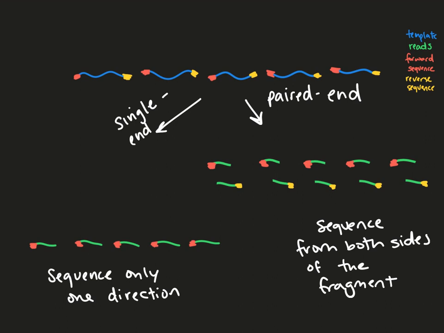You can also do paired end sequencing, which basically means that for each region of the genome, you're going to get two sequences, one from the forward and one from the reverse. Obviously, this is going to be a little bit more work. You're going to have to do a little bit more sequencing to get coverage of the same area, but I'll show you in a second why this might be a good idea in some circumstances.